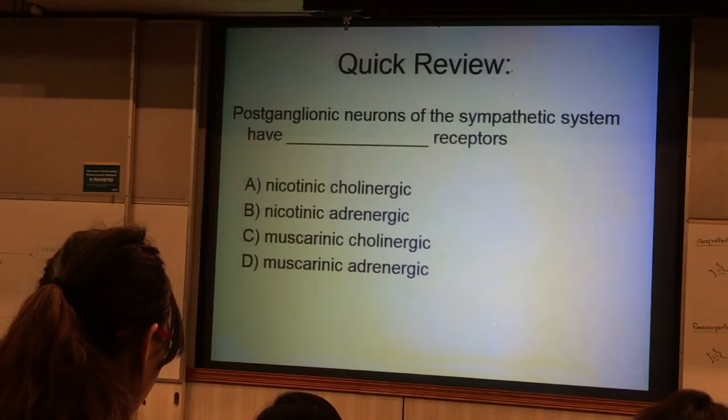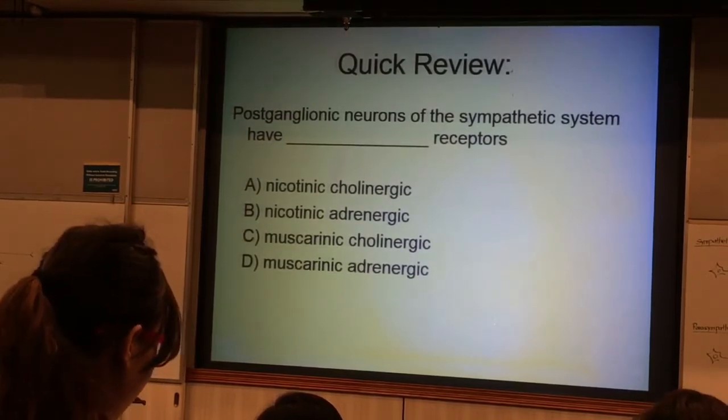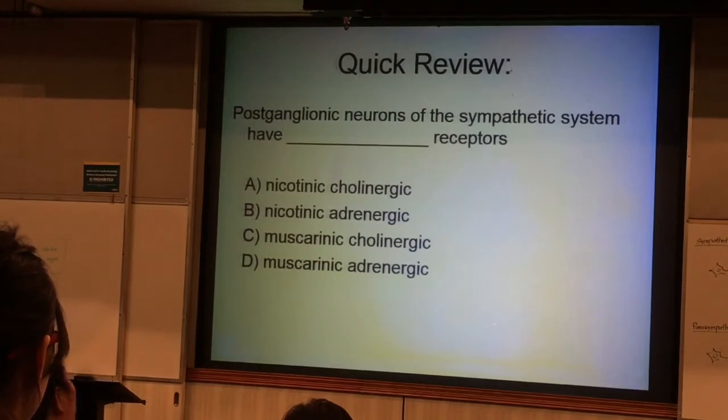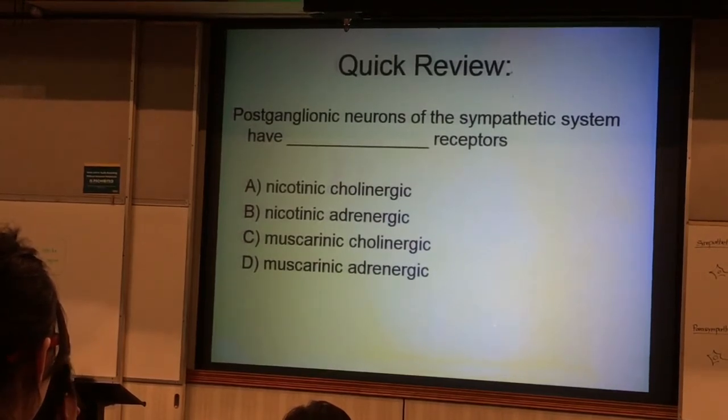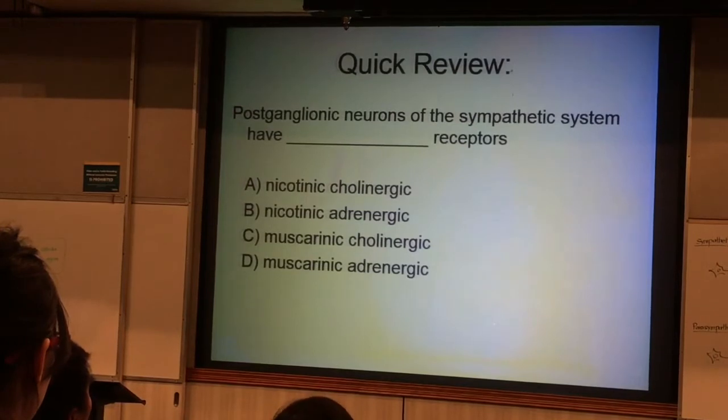What letter? A. Okay. So postganglionic neurons, this one over here, of the sympathetic, it really doesn't matter, I didn't have to say that, of either one, right? Sympathetic or parasympathetic. What receptors are they going to have? Well, here are the receptors, nicotinic cholinergic receptors.